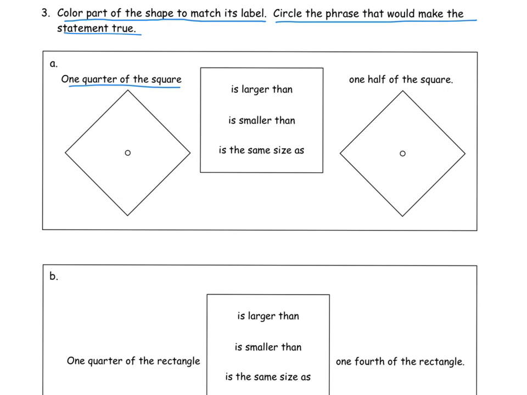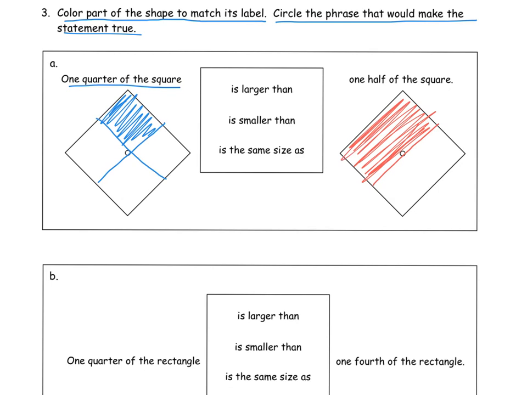So I need to break this into quarters. And I'm going to shade it. So that's showing 1/4. The other one says 1/2. So I shade one of the 2 pieces, because halves mean we just break it into 2 equal parts.